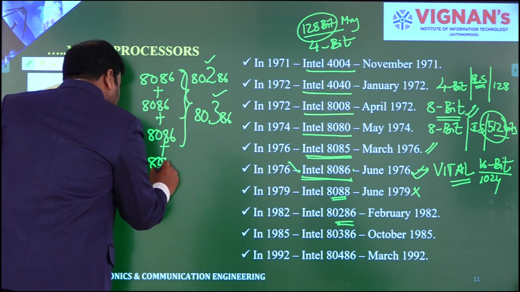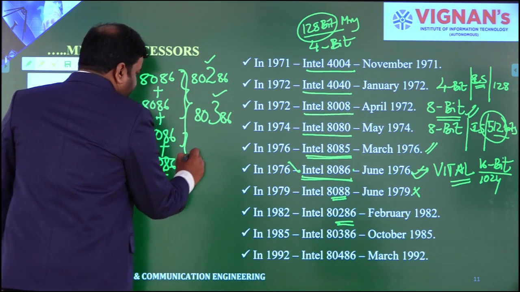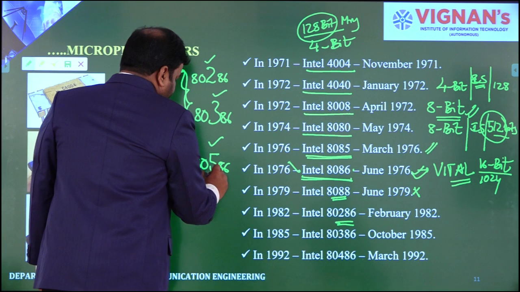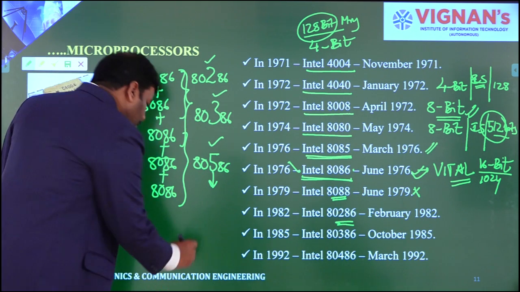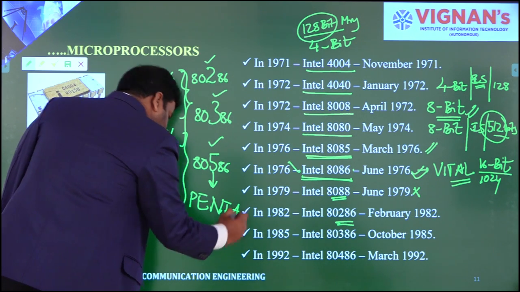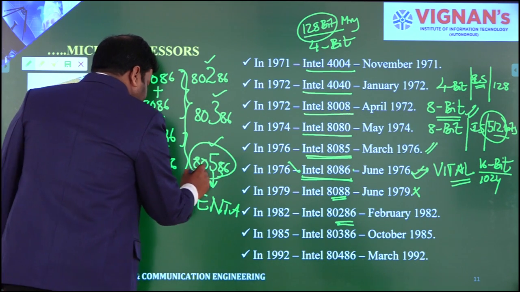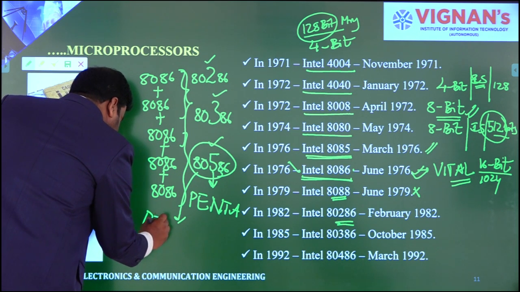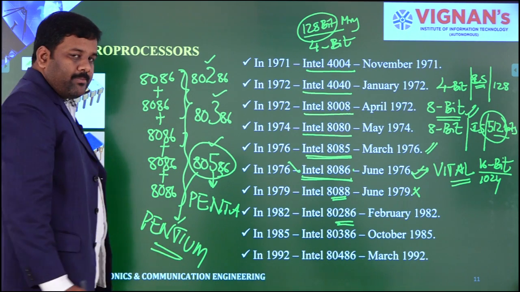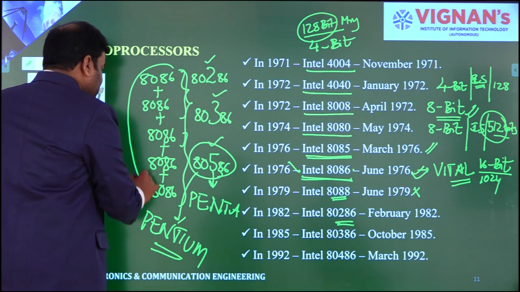Next, they added one more, and one more, so finally we have the 80586. In technical terms we call it Pentium, Penta meaning 5. The 80586 is usually called the Pentium processor, consisting of 5 8086 processors.